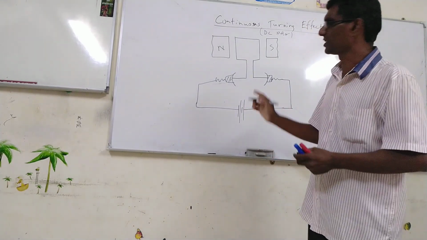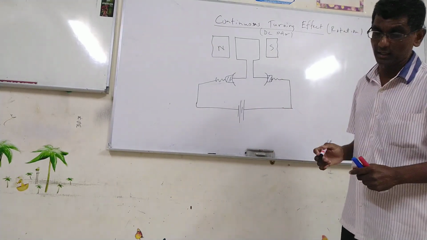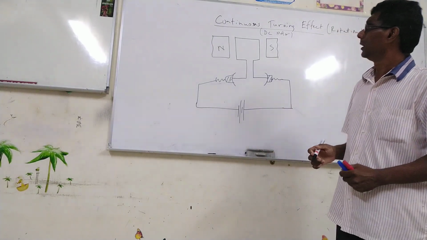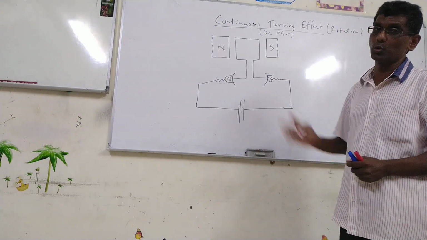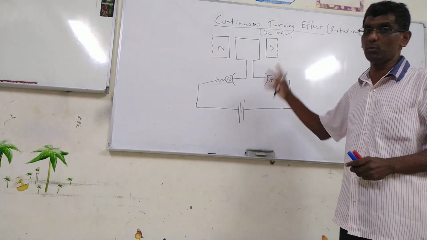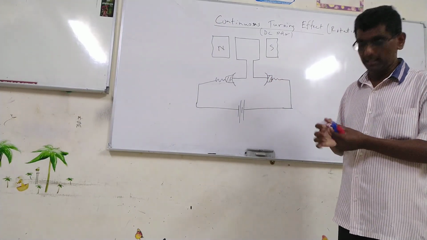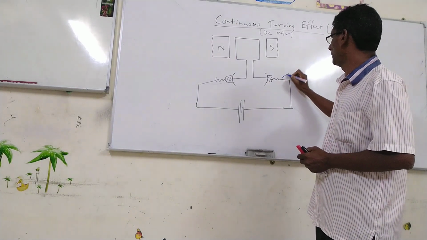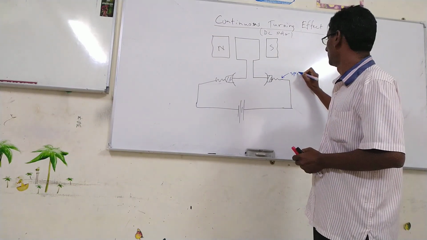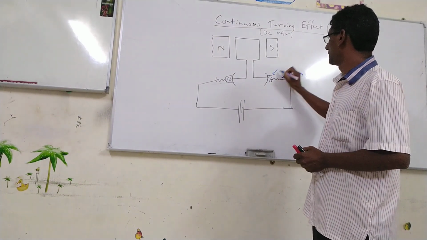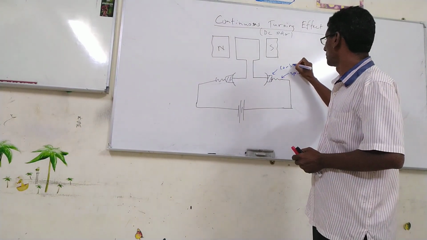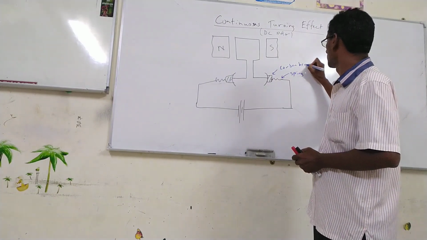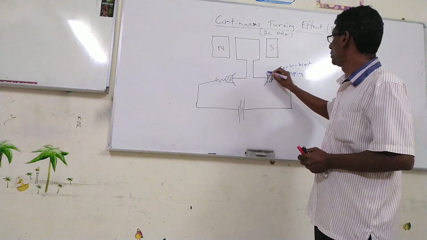Okay, this is the setting of continuous turning effect or DC motor. This is a DC motor, and we call it spring. This is spring, and this one is a carbon brush. And this one is a commutator.